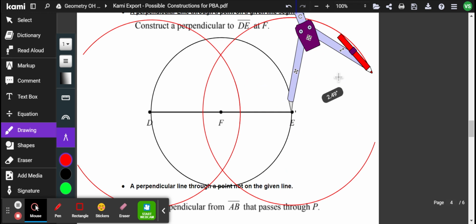All right. The circle is not what is important, but these two intersection points. And if you notice, these 2 points, as well as this point F, are going to be on the same line.